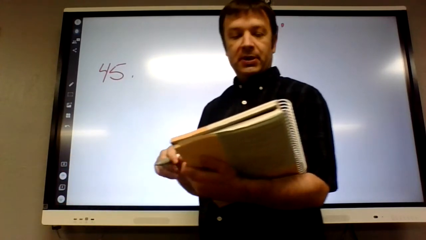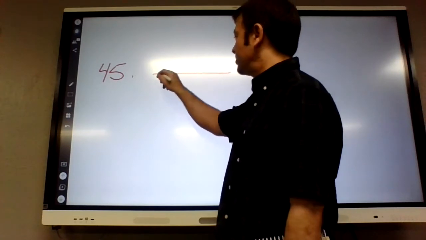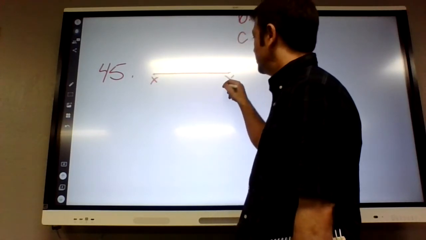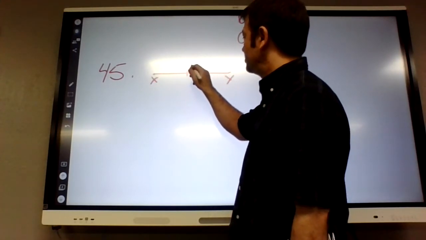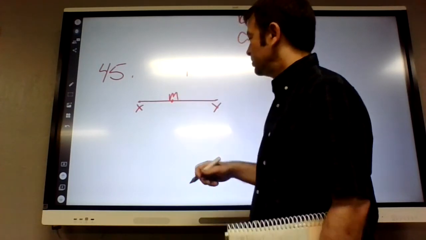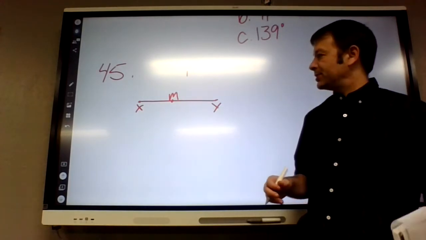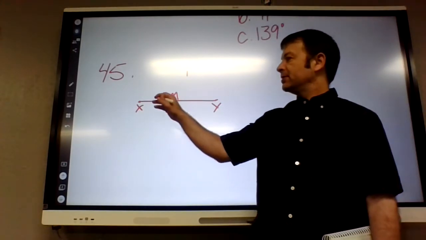45, M is the midpoint of XY, so draw a segment XY, put M in the middle, and then what? It says XM equals 39. What does that mean?